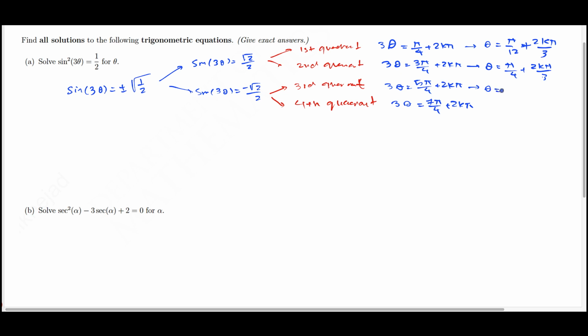And that gives me theta by dividing every term by 3, and here theta equal to 7 pi over 12 plus 2k pi over 3. So these are all the solutions possible for any k in Z.